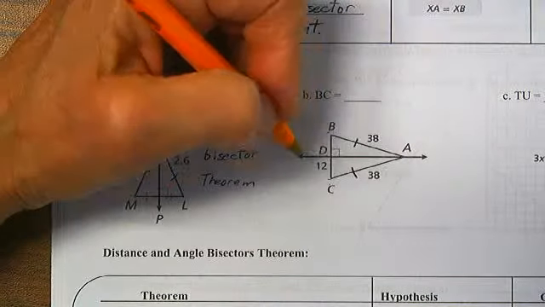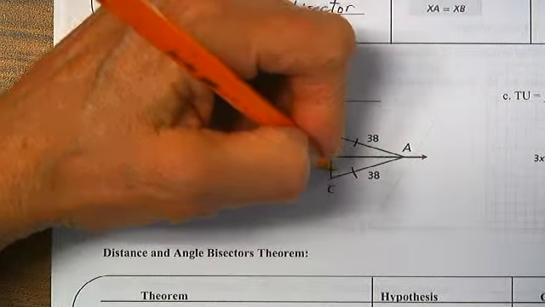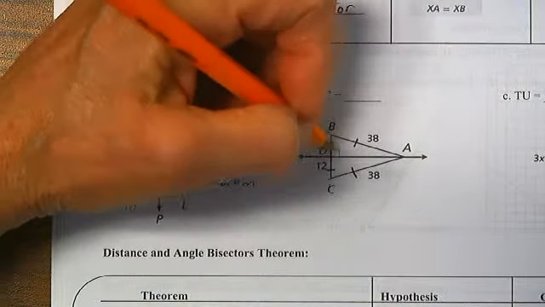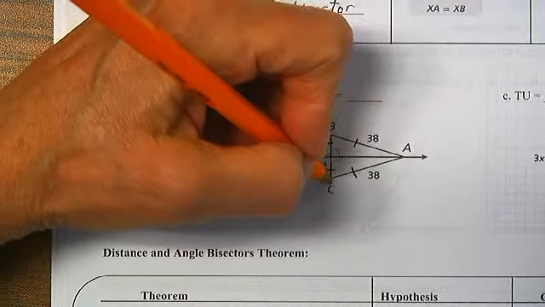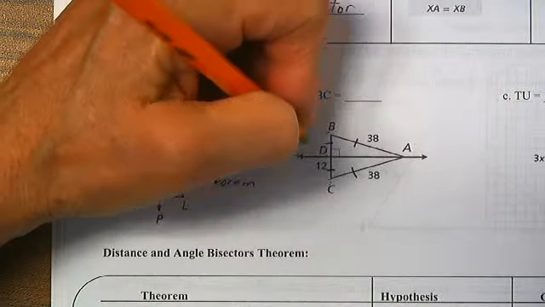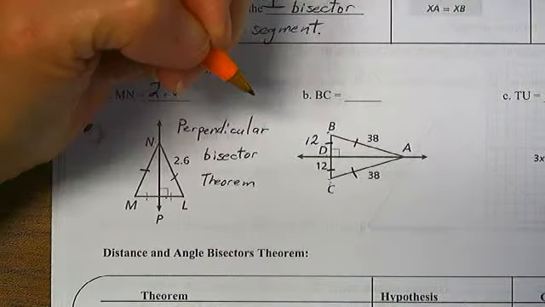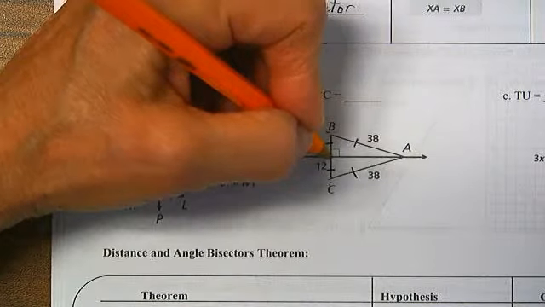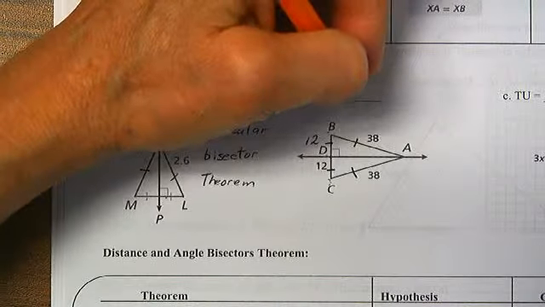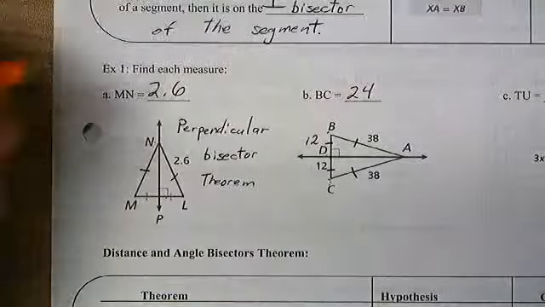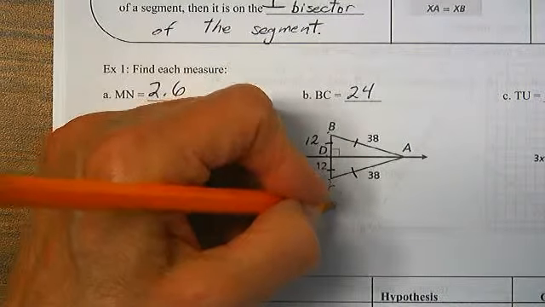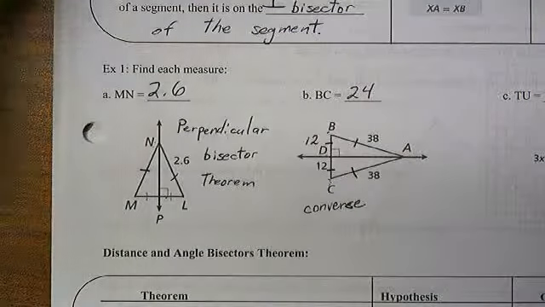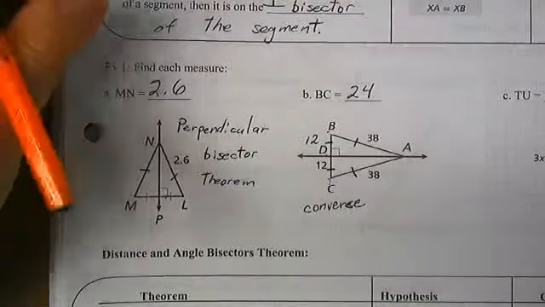So, by the converse of the perpendicular bisector theorem, BD is congruent to DC, so BD is equal to 12. BC is 12 plus 12, or 24, by the converse of the perpendicular bisector theorem.